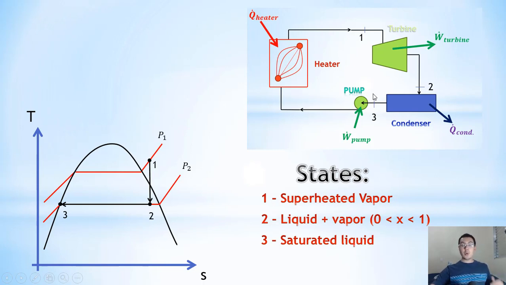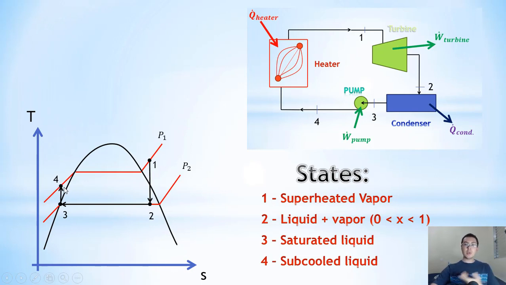And here the pump will increase this pressure. And as I told you, we won't have heat leaving or entering here at the pump. So the process 3 to 4 will be also isoentropic. And as I showed here, we will increase the pressure. It will happen isoentropic, so this line will be vertical.